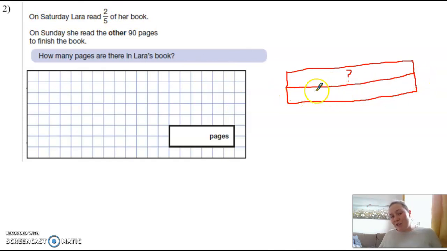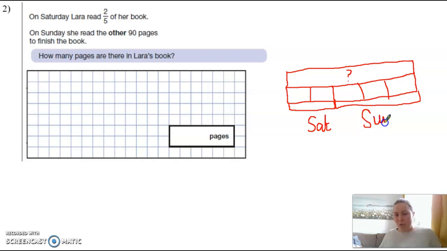So I'm going to split this bar into fifths. Okay, so 1, 2, 3, 4, 5 pieces. Now 2/5. So that's 2/5. That's Saturday. Okay. Then the other 90 pages on Sunday. So that's Sunday. And more than that, we know that that's 90.